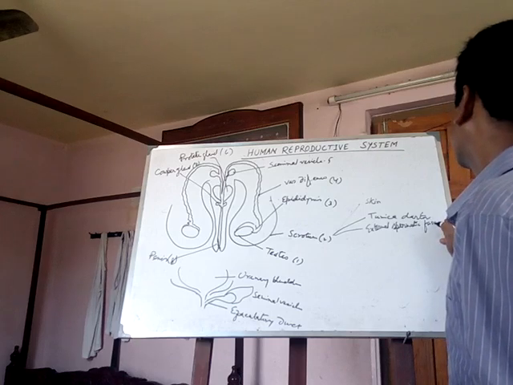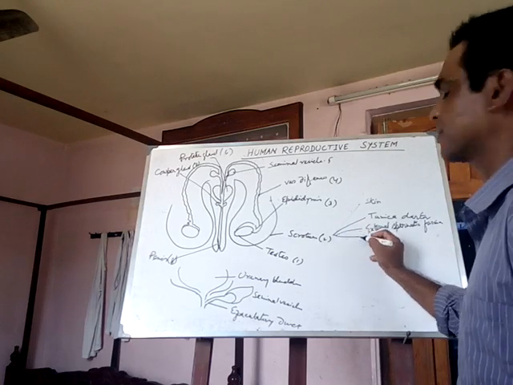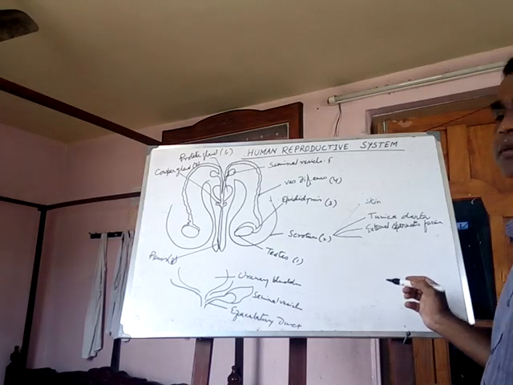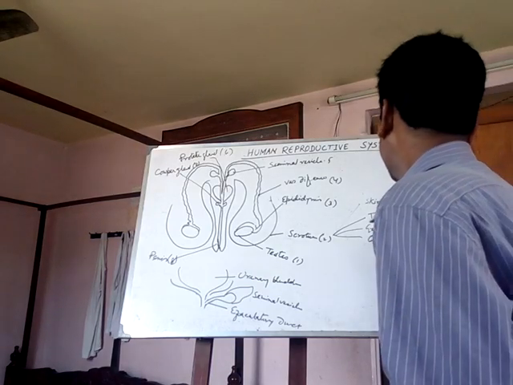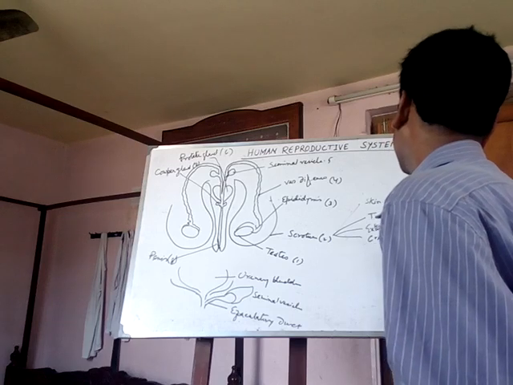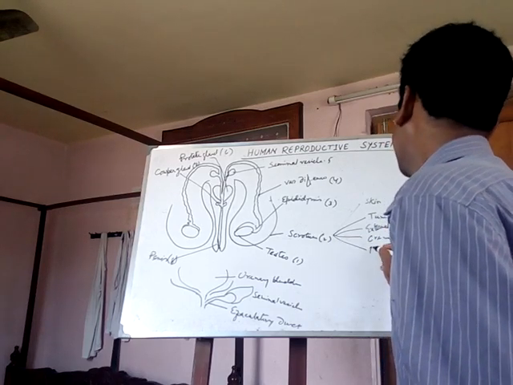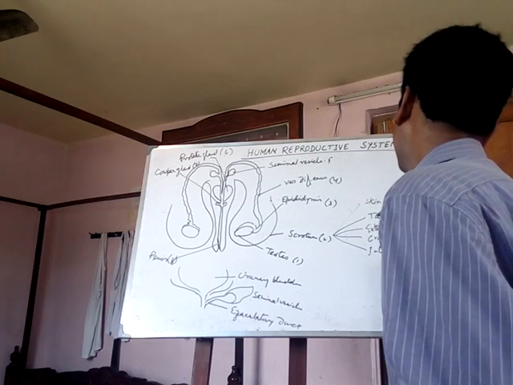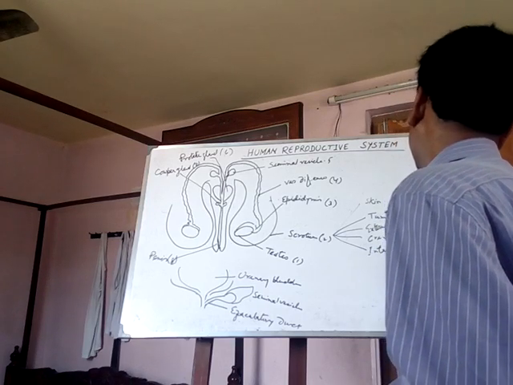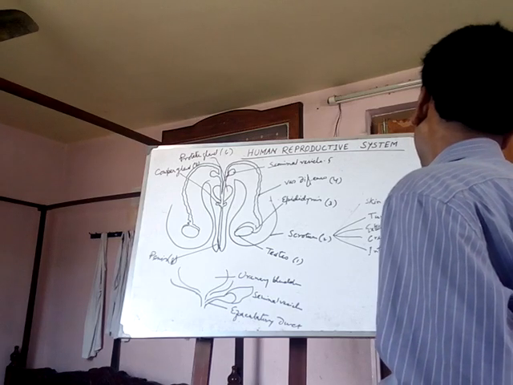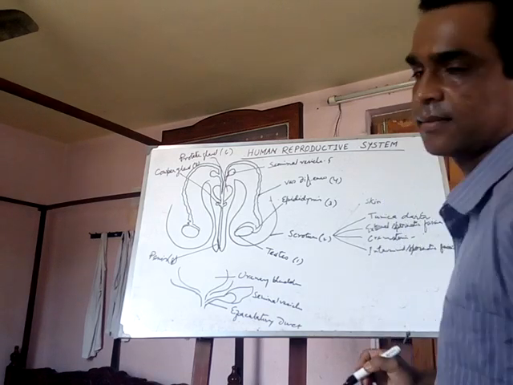Next, the 4th layer, the cremasteric part, and fifth, internal spermatic fascia.